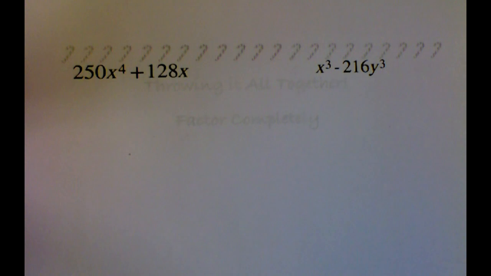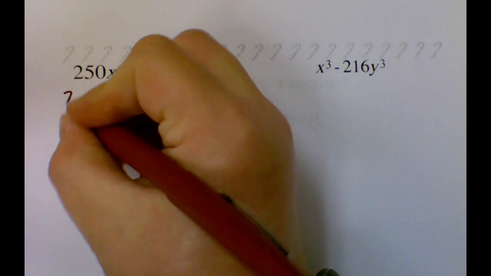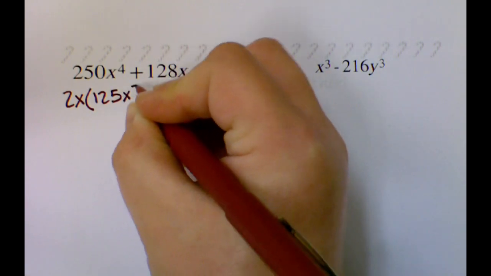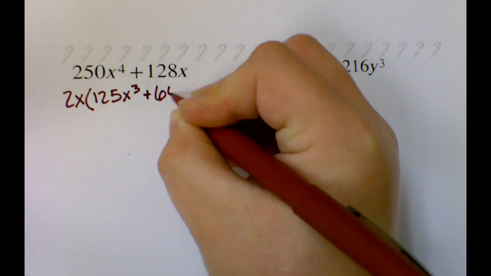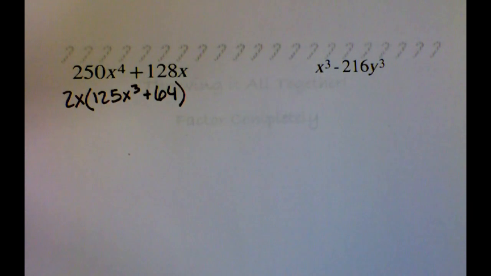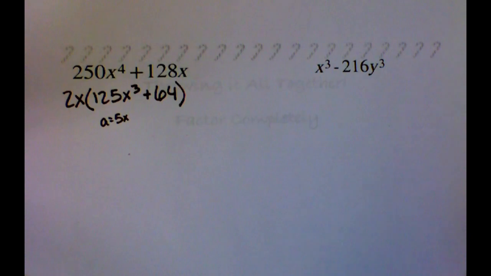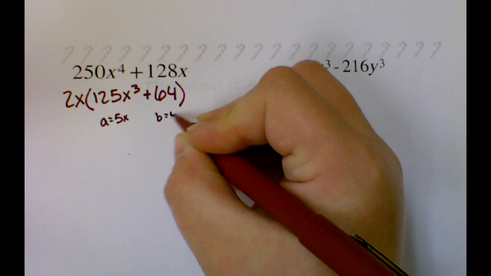Now we're going to switch it up a little bit, because this first term is not a perfect cube. Neither is the second term. But we can take out a GCF. I can take a 2x out of everything. That leaves me with 125x cubed plus 64. Well, now 125x cubed is really 5x all cubed, and 64 is 4 cubed.